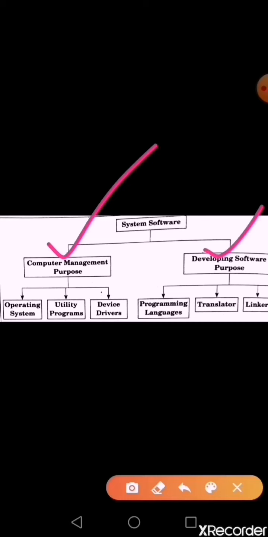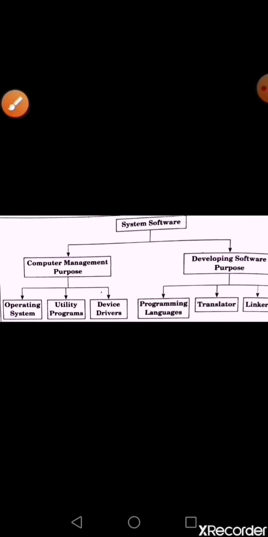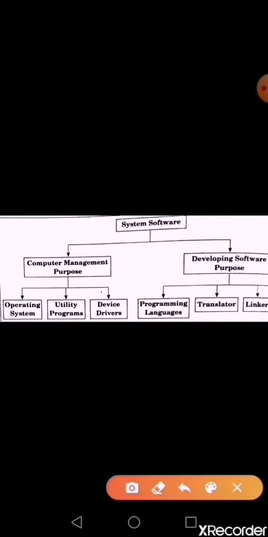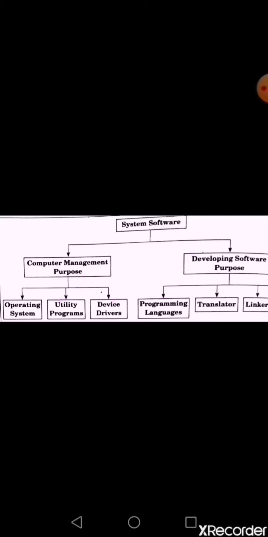Under computer management purpose, there is operating system, and other divisions are utility programs, device drivers. Under developing software purpose, you see programming languages, translator, linker, loader, etc. So operating system is a software.